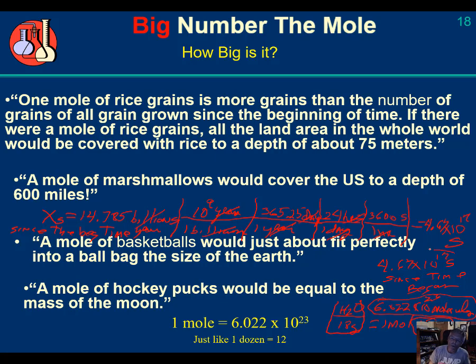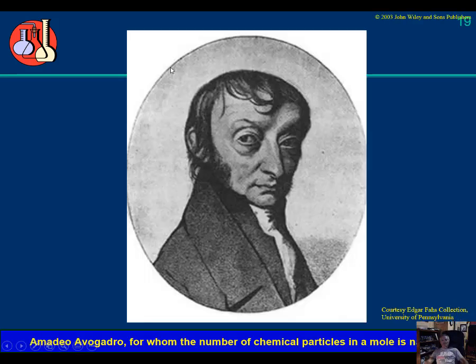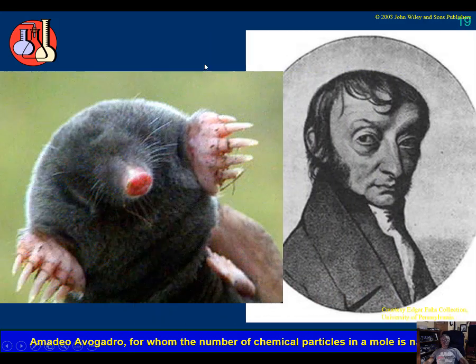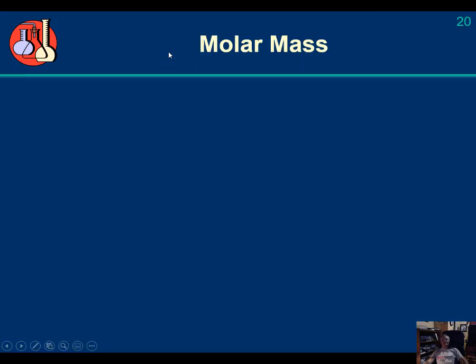There are more molecules of water in 18 grams of water than there are seconds since the beginning of time. So there he is, Amadeo Avogadro, for whom the number of chemical particles in a mole is named. Smart dude. I don't know how that got in there.